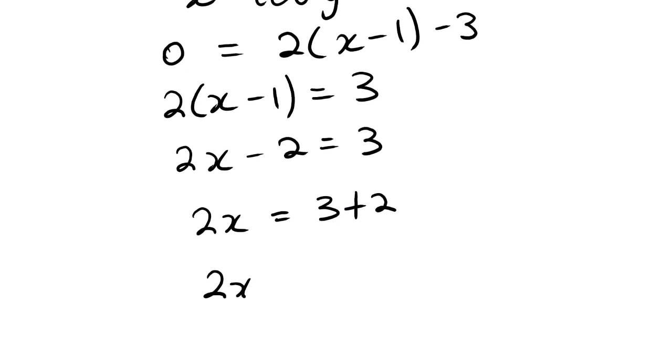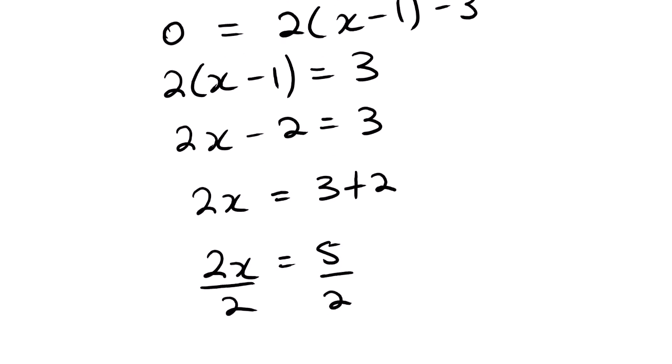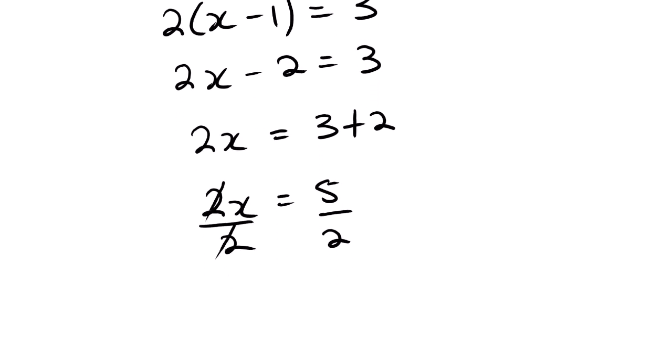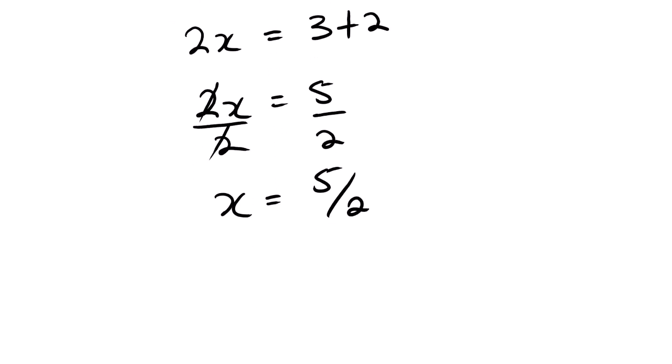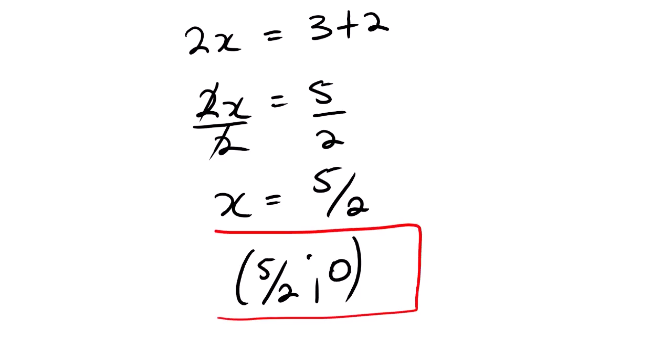Then from here we have 2x equals 5. We divide both sides by 2. Then this results in 1 multiplied by x equals 5/2. So in most cases, I represent this in coordinate form because an x-intercept is actually a coordinate. So this is the answer.